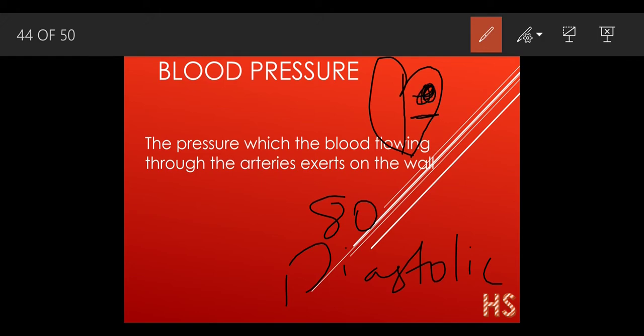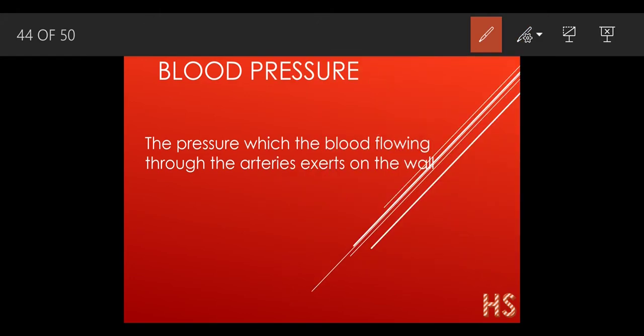So when the blood which got filled in the left atrium moves into the left ventricle, at that period of time, if you notice, this left side of the ventricle gets full. So that is why it is called diastole.